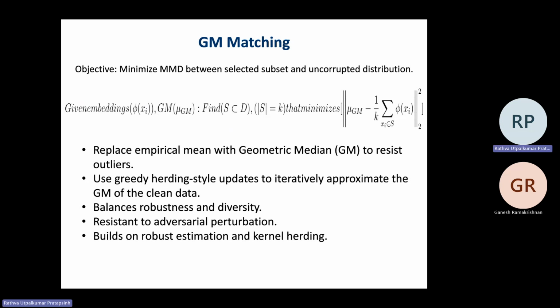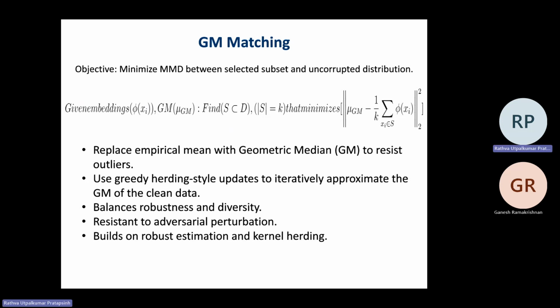Intuitively, we want the subset to be statistically indistinguishable from the full data set. So the core idea is that we need to minimize this MMD. First, we do an embedding, which is a kernel embedding.